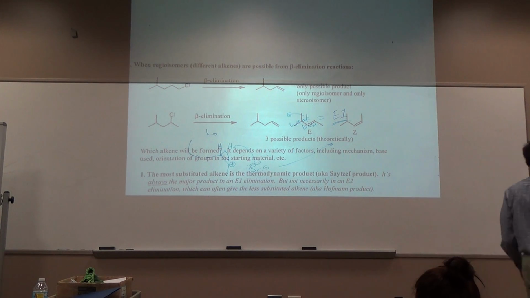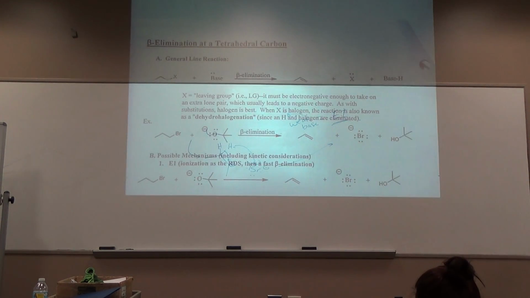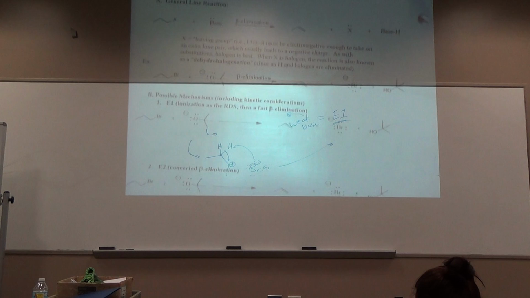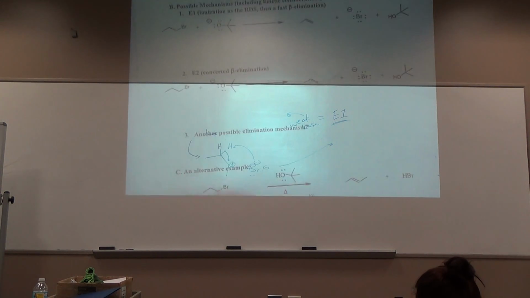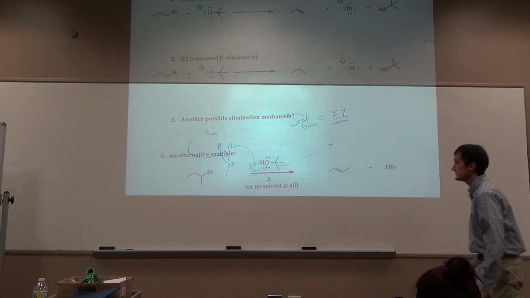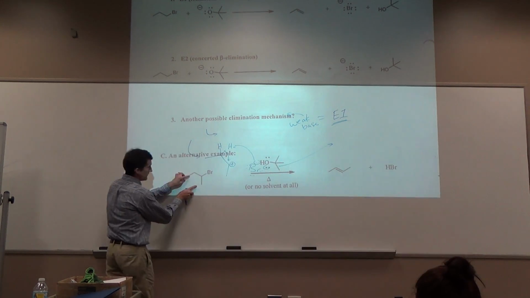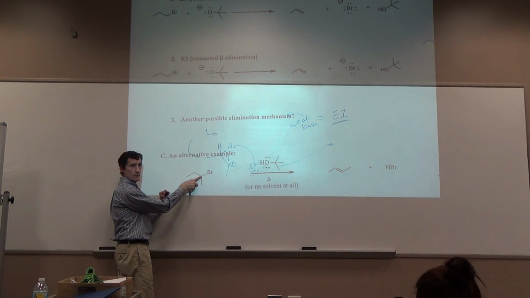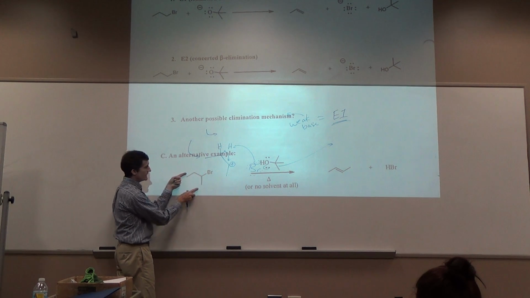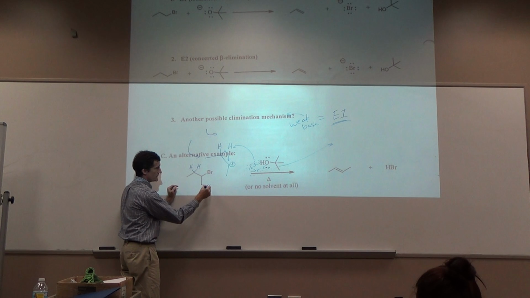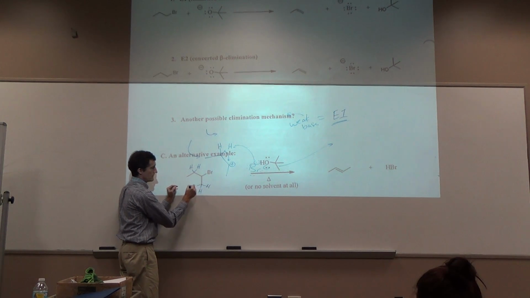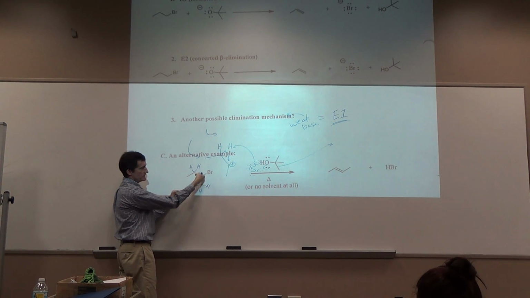No, you're right, the very last one had two. That's the alpha carbon, the carbon with the leaving group. What she's saying is, those are beta hydrogens there, but these are also beta hydrogens. Why not take this H and put the double bond in here?